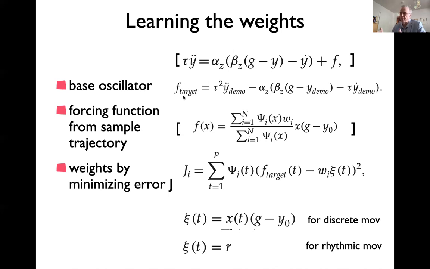And then you know that if you're inserting this into this equation, the demo trajectory will emerge from this, right? Ensuring that it's the solution. And so now you have this target force, and now all you have to do is fit these W's so that this function approximates that target force.